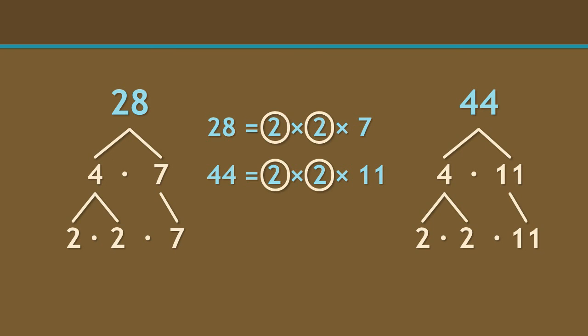Then we look for the common factors, which in these two equations are 2 and 2. So we take those two common factors, we multiply them together, and we get a product of 4, and 4 is our greatest common factor of 28 and 44.